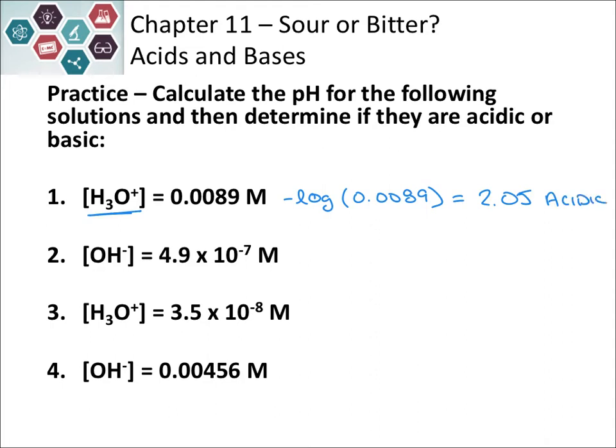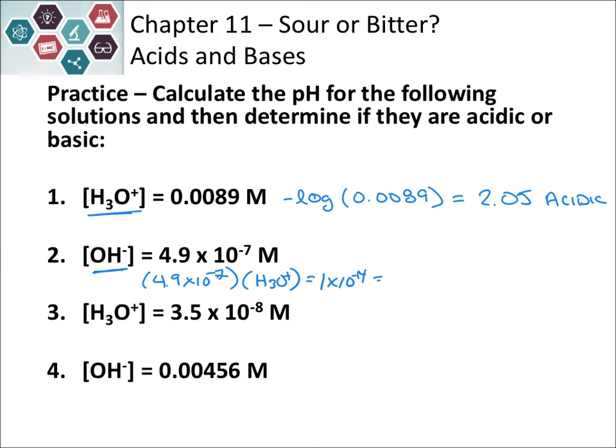For number 2, we're given hydroxide. So first we need to solve for hydronium and then do the negative log. So this is where the 4.9 times 10 to the negative 7th times hydronium is going to be equal to 1 times 10 to the negative 14th.